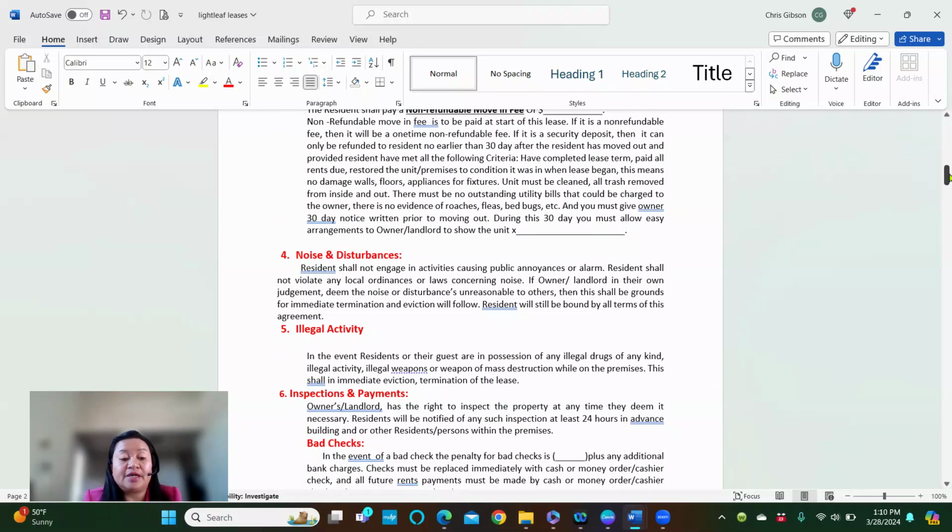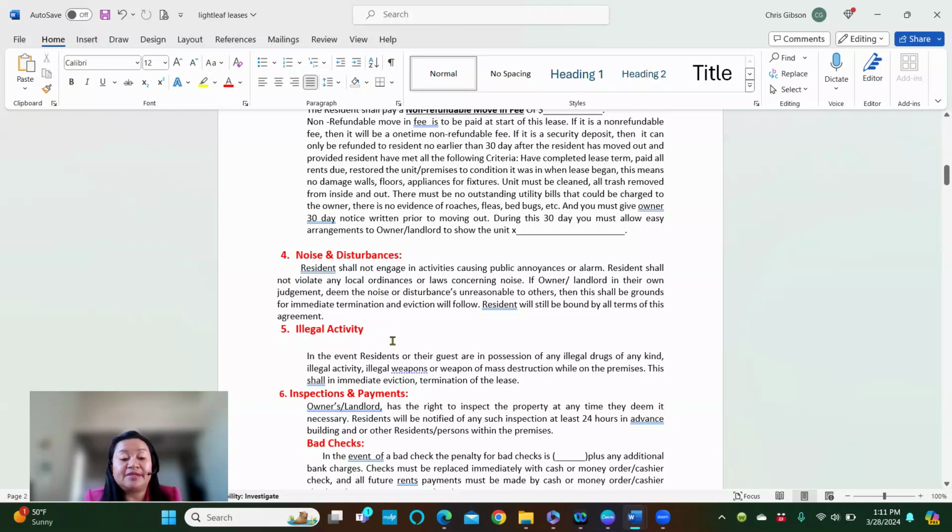There are common problems, like noise and disturbance. Sometimes we receive complaints about noises, so we need to act immediately, and anyone who violated the conditions of their tenancy must resolve this problem.